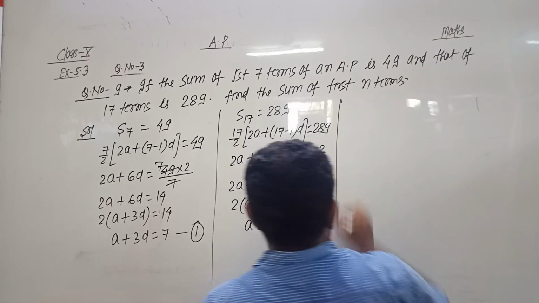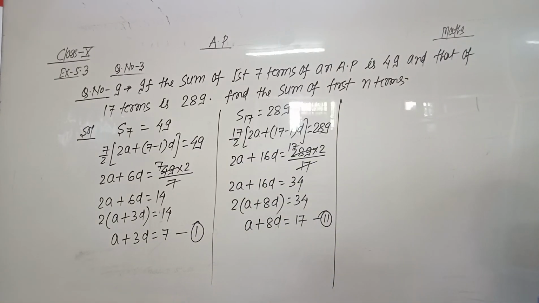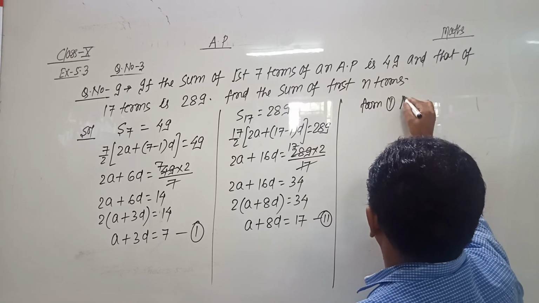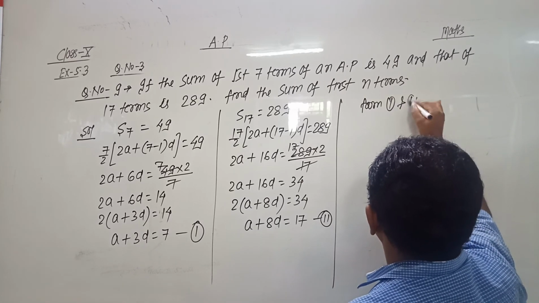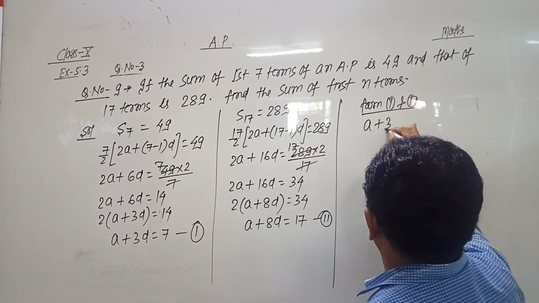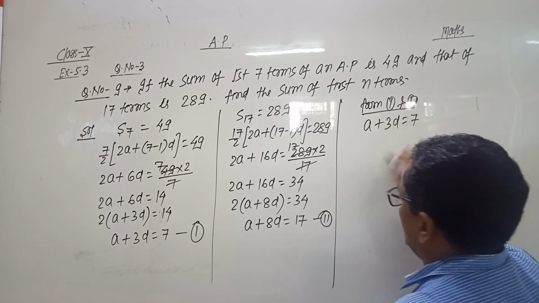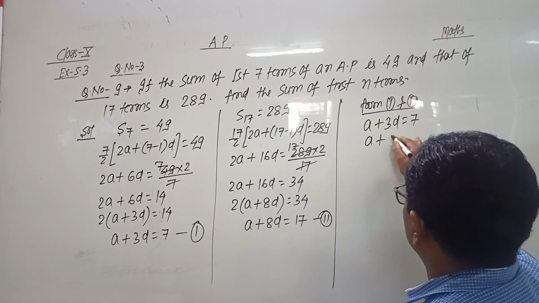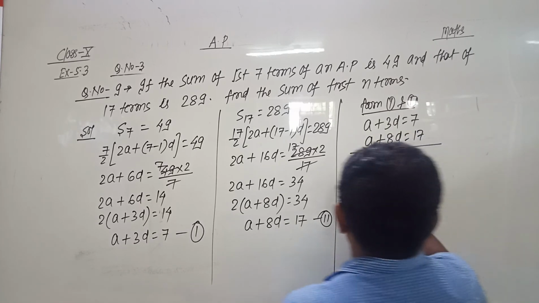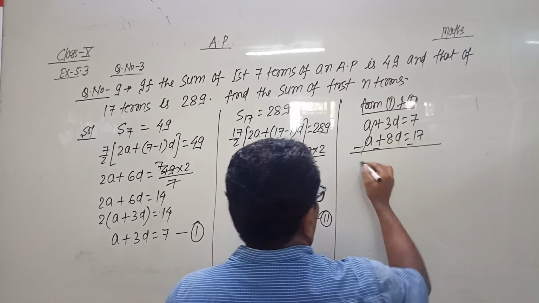Now from first and second: a plus 3d equals 7, and a plus 8d equals 17. The sign gets changed.